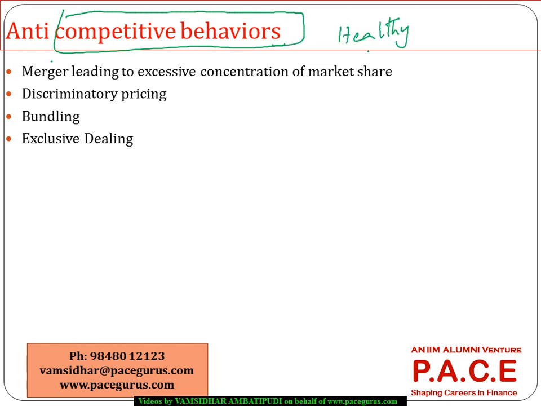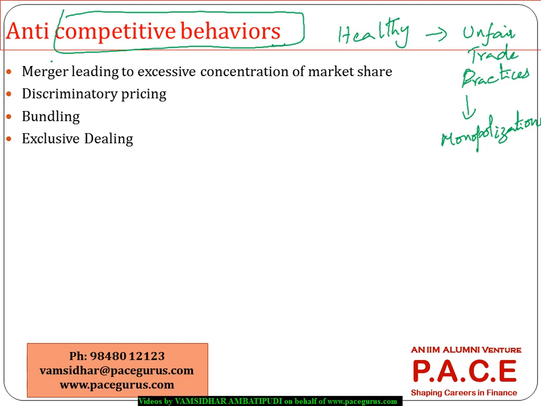The intention of the regulation is to promote good, healthy competition, remove unfair trade practices, address some kind of monopolization of businesses, and provide equal or fair opportunities to all the participants in a particular business.